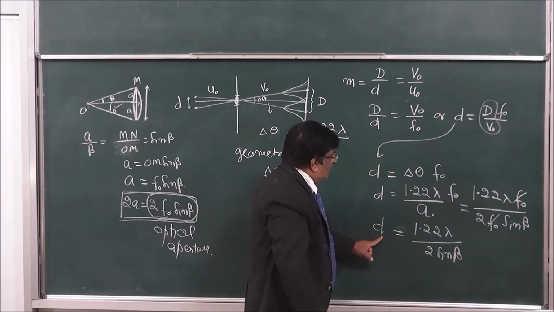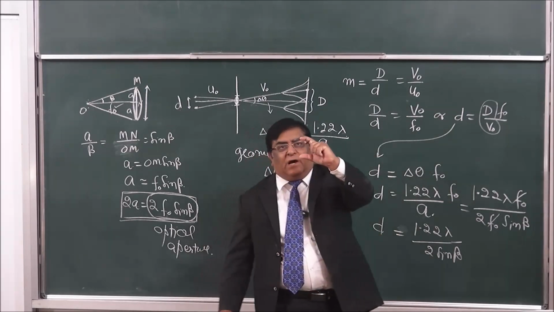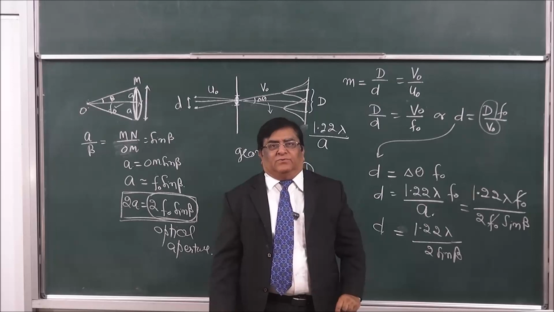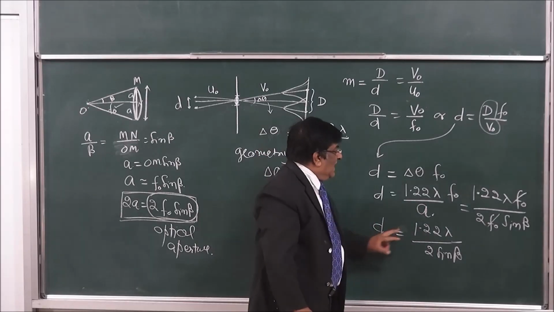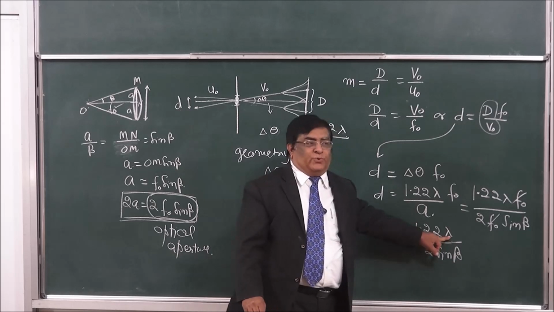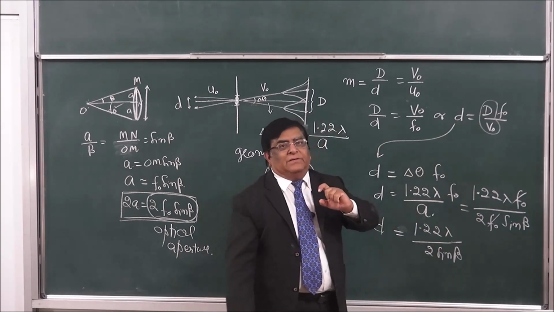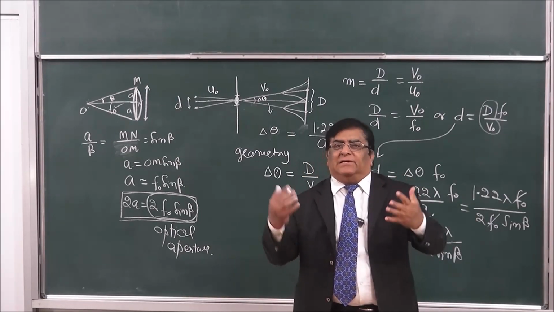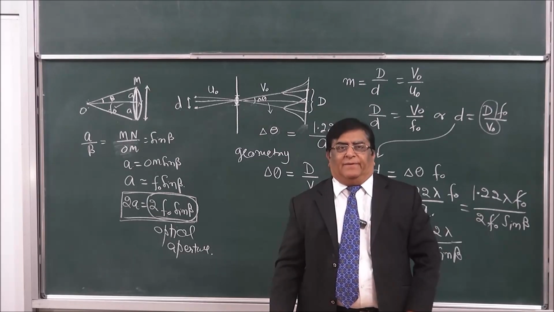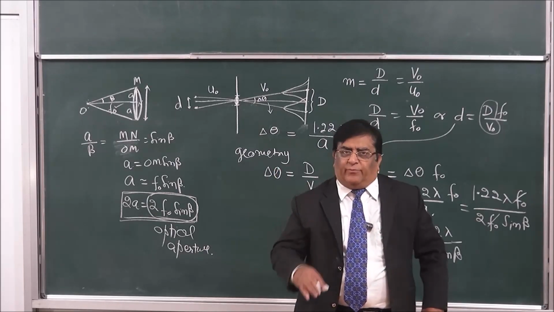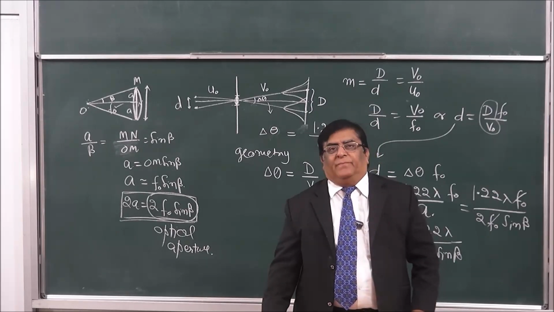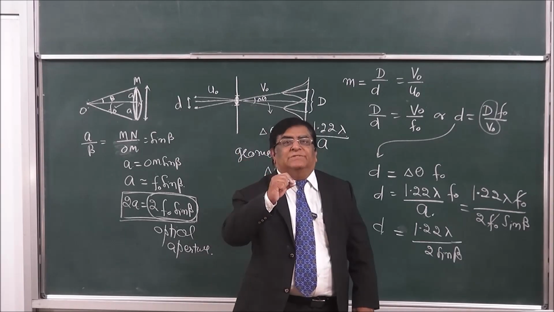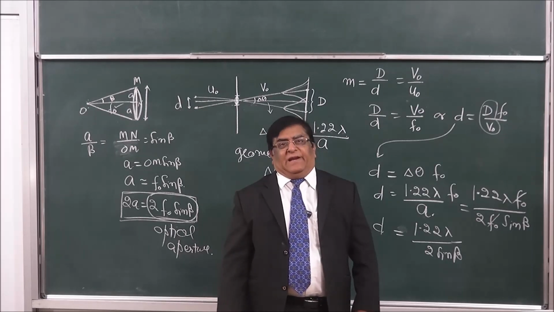Now this smallest distance of resolution, I want to make it still smaller. If I want to resolve an even smaller distance, what should I do? The answer is we should use light with a smaller lambda. So where can we get light with a smaller lambda? The light that comes through the window in our lab is natural light, and it has a particular lambda. Okay, I can put more light on the object, but how can I reduce lambda? So the answer is, to reduce lambda we must pass the light through a certain liquid which has a refractive index.